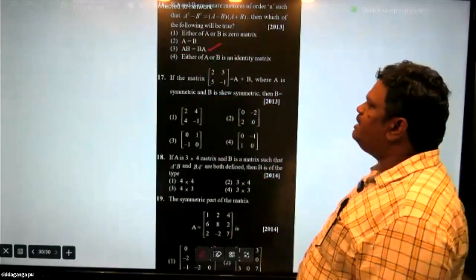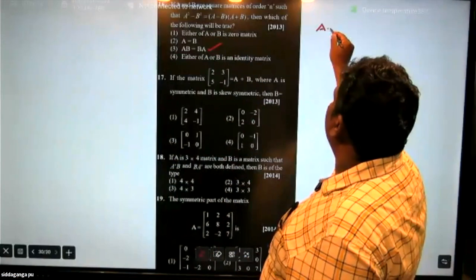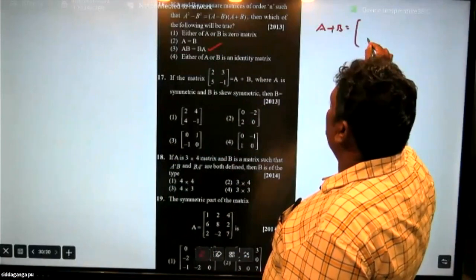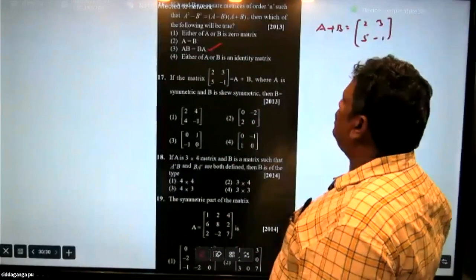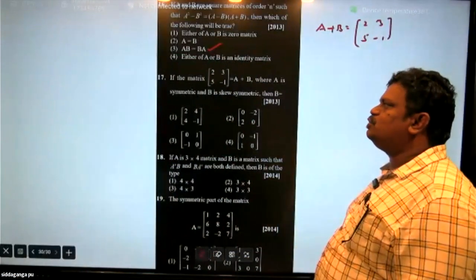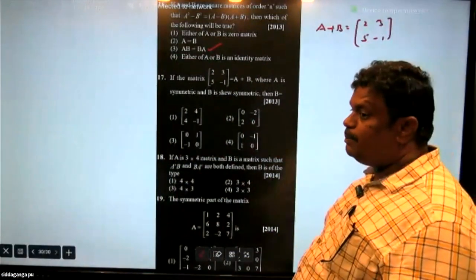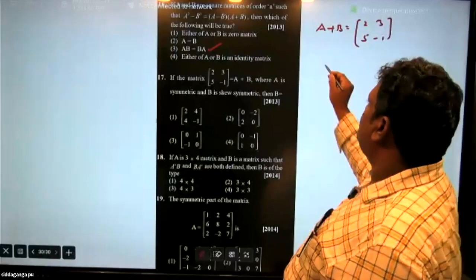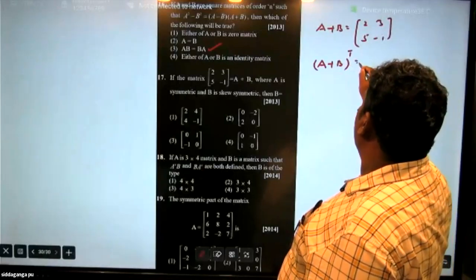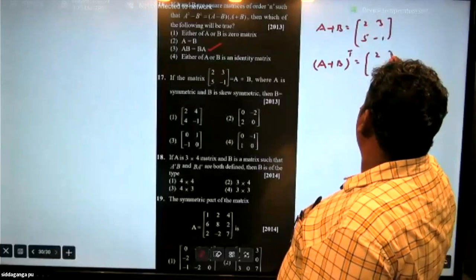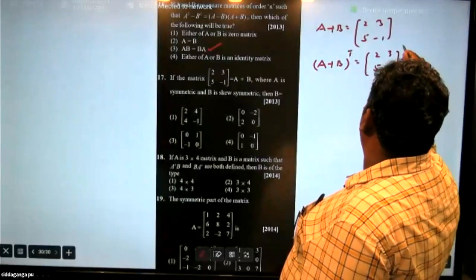Next, if the matrix a plus b is given, what they gave is 2 3 5 minus 1, where a is a symmetric and b is a skew symmetric matrix, then find b, the skew symmetric part. But I will not do it this way, I will apply transpose. a plus b whole transpose is equal to, look what happens, 2 3 5 minus 1 whole transpose.